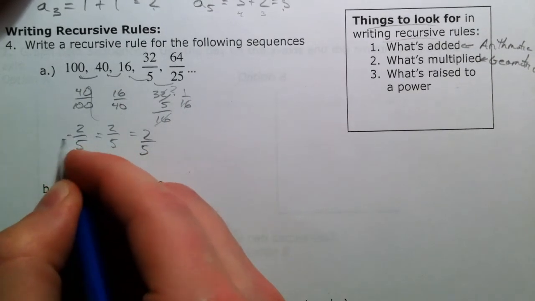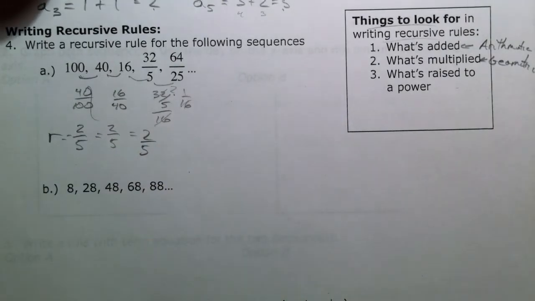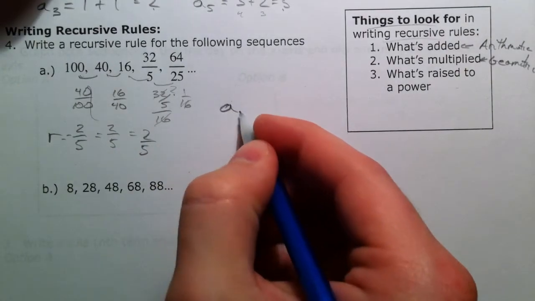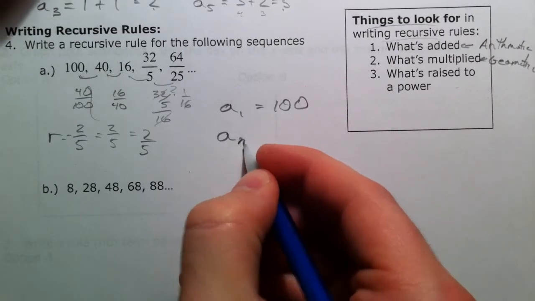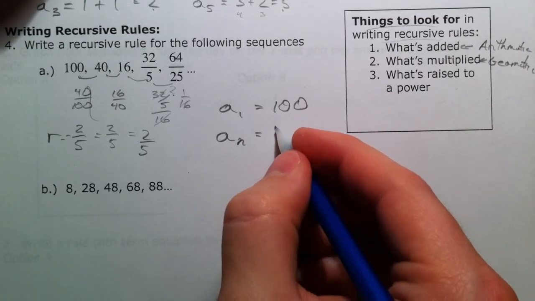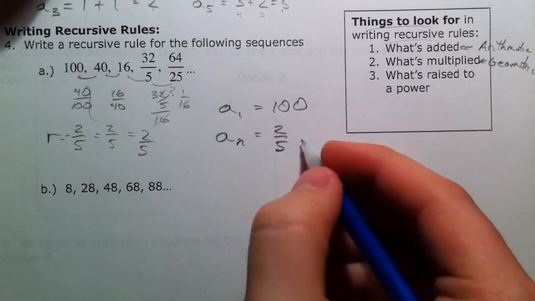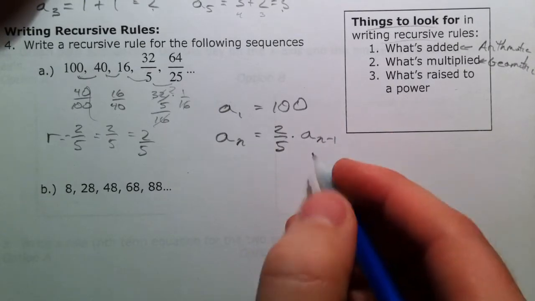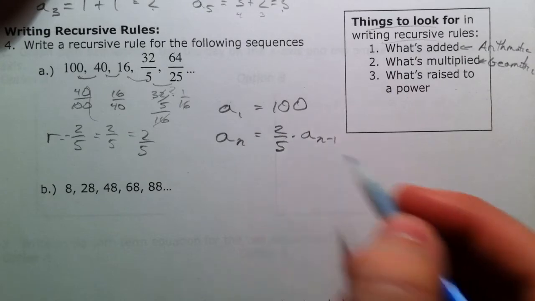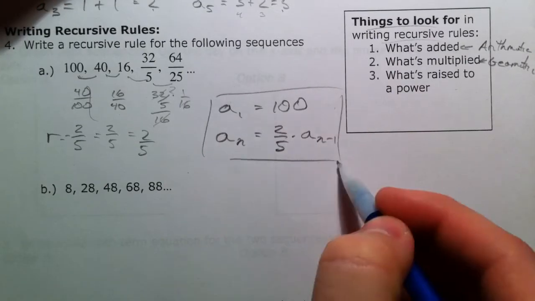So we have 2/5, which is the r because it's a geometric sequence. And so a sub 1, we need our starting point, and a sub n is going to be 2/5 times the previous term, a sub n minus 1. And there is your recursive rule.